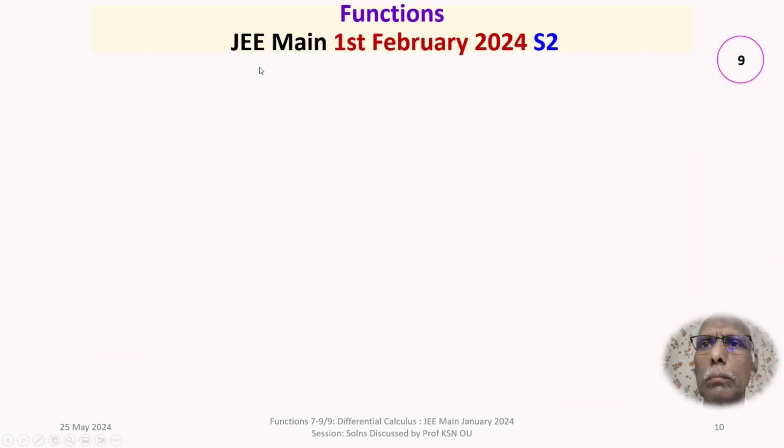Now this question has appeared in the JEE Main exam held on 1st February 2024 in the second shift, and this will be the last question on functions in this video.